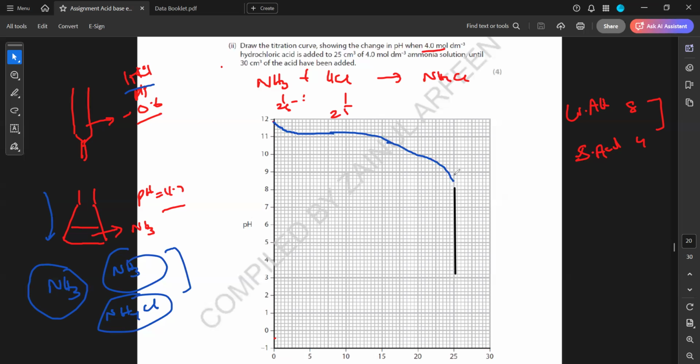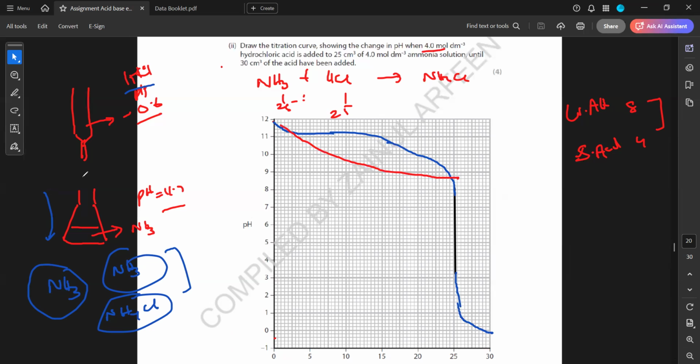And then the pH will change once the amounts are the same. And till negative 0.6, it will be like this. So this will be the shape of the graph. Why did I draw a horizontal line? Why not a line like this?